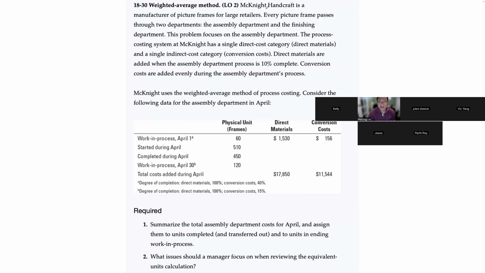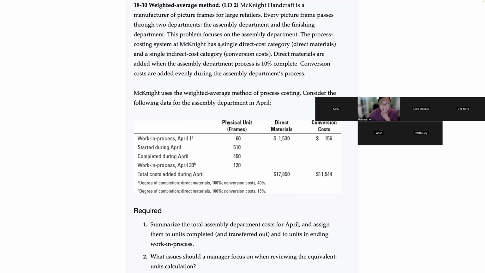Mike Knight Handcraft is a manufacturer of picture frames for large retailers. Every picture frame passes through two departments, the assembly department and the finishing department. This problem focuses on the assembly department. The process costing system has a single direct cost category, direct materials, and a single indirect cost category, conversion cost.